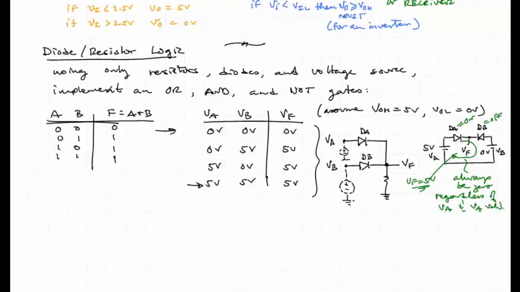So you see that? If VA is 5 volts, then VF is 5 volts. If VB is 5 volts, then VF is 5 volts. And if they're both 5 volts, then VF is 5 volts. The only time it's 0 is when both of the inputs are 0 volts.